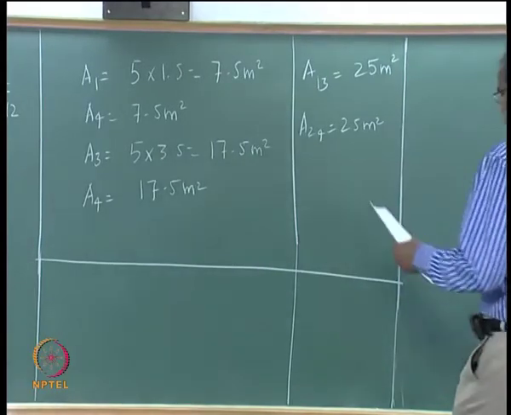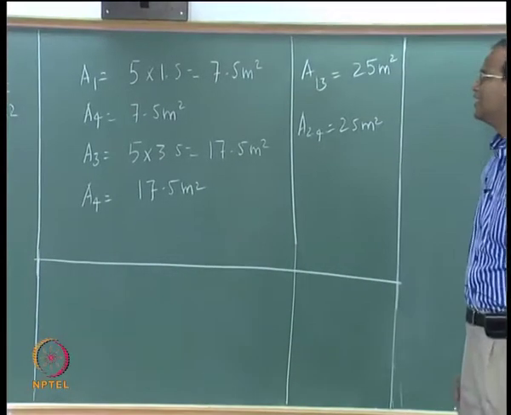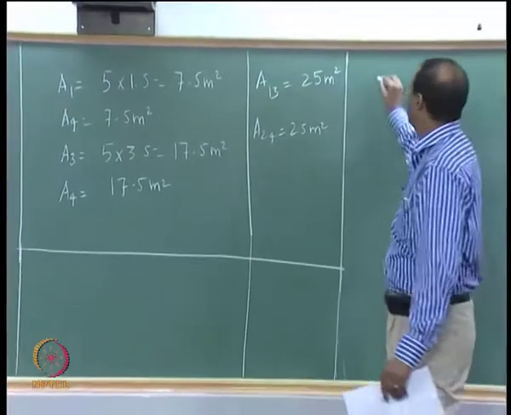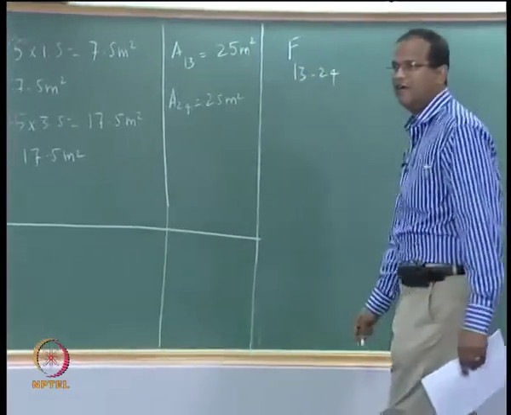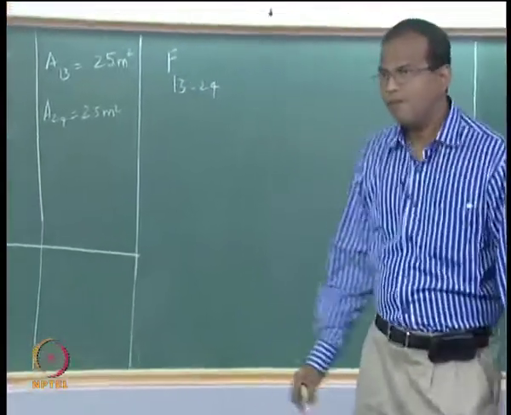The easiest view factor to get is F13 to 24. We can get it from the chart.